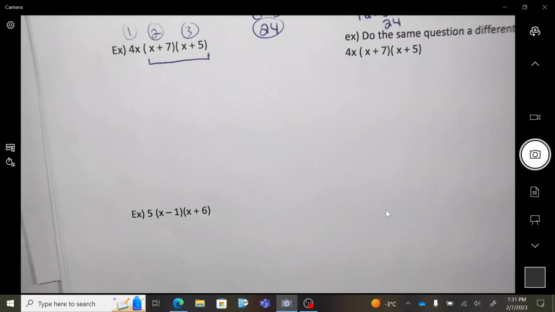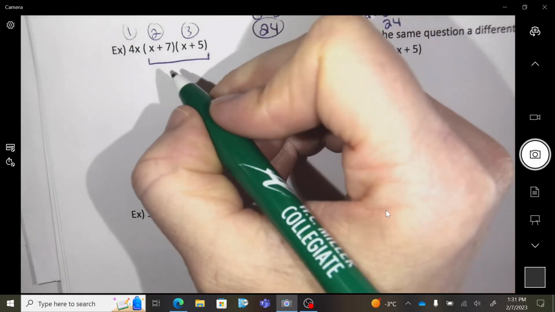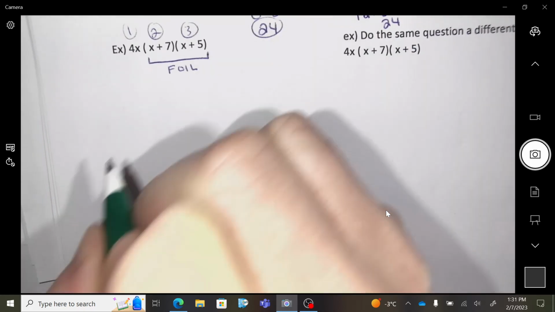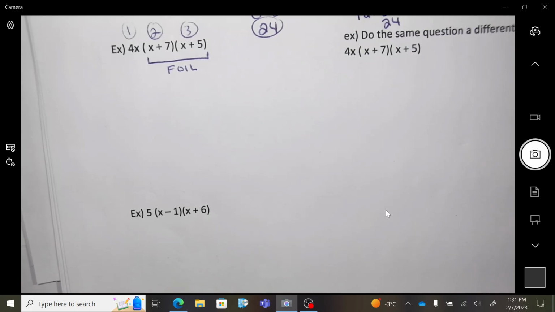Okay, it's a binomial, so what should you do with it? FOIL that out. Okay, let's see your foiling skills. Get me a final on that, the 2nd times the 3rd item.